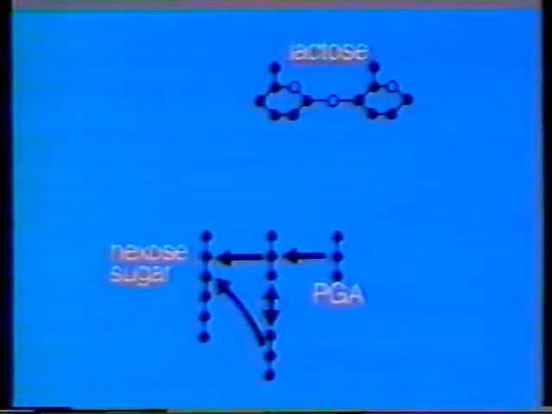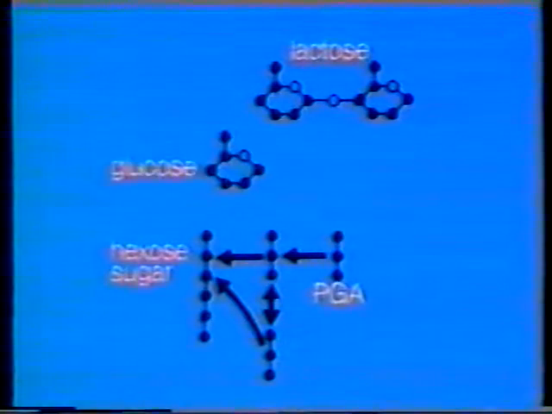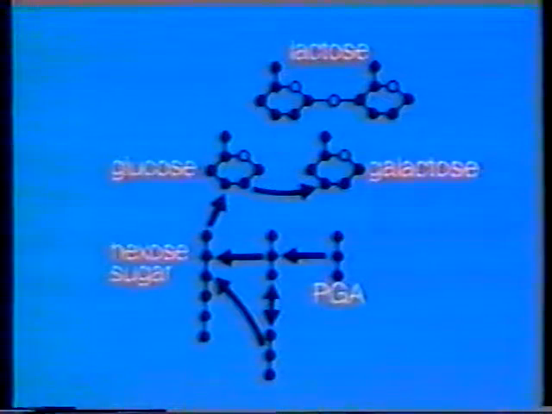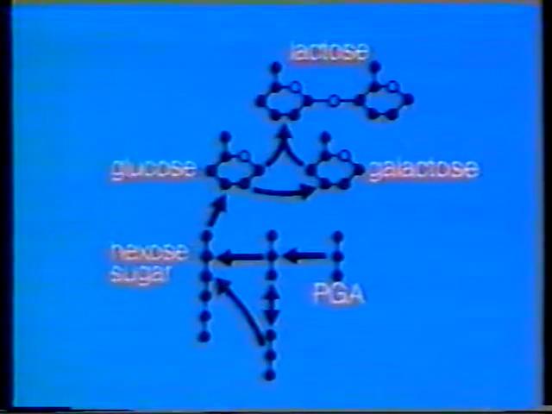Well, it's relatively simple to make lactose, a disaccharide. 1 molecule of glucose, which is just a cyclized hexose sugar, and 1 molecule of galactose, combine to make 1 molecule of lactose.